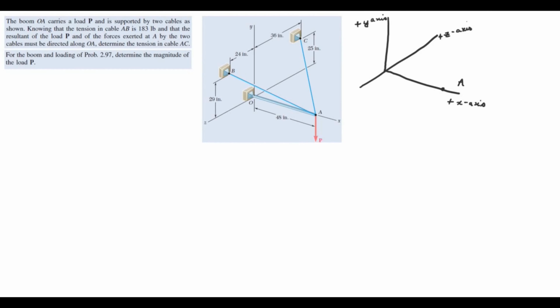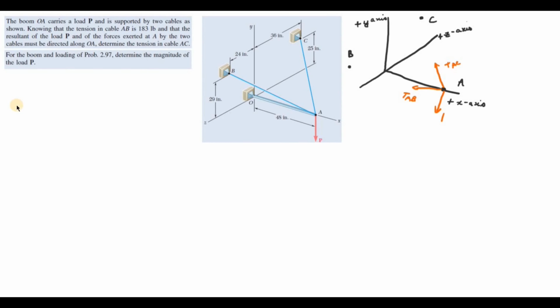Here we have point A. Here we have the end of the cable at C. And here we have the end of the cable at B. So here's tension AC. Here's tension AB. We also have a force P going vertically down.